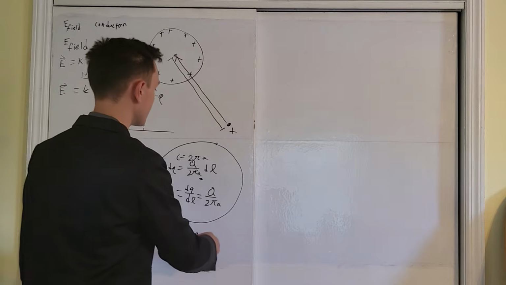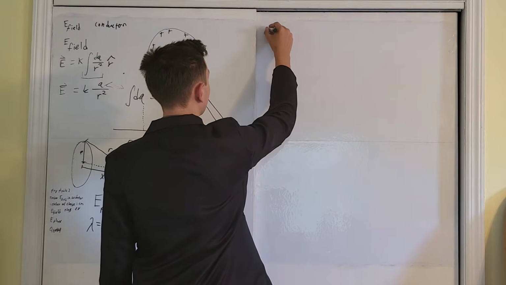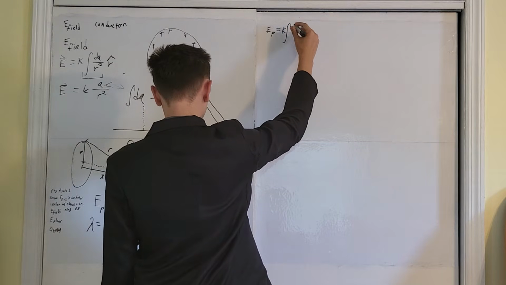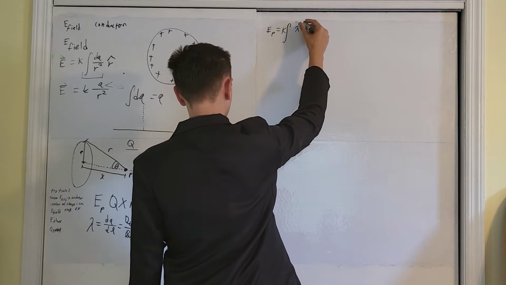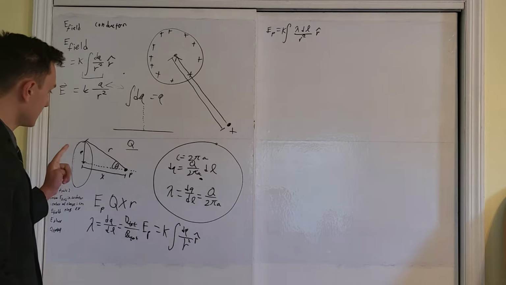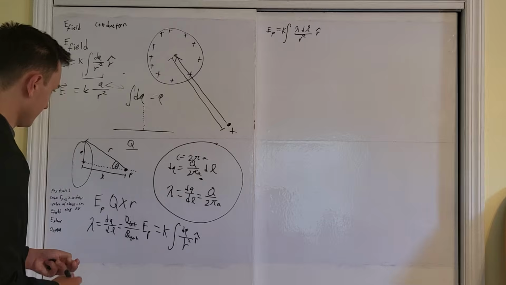So I'm going to rewrite this integral. The total electric field at point P is going to equal k times the integral of lambda dl over r squared in the r hat direction. So now let's take a look at this circle very carefully, okay?